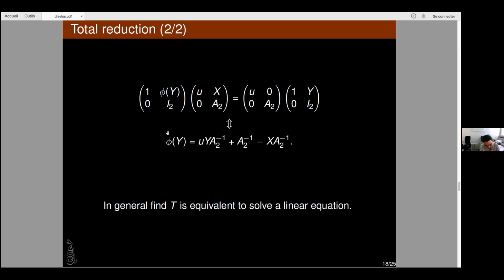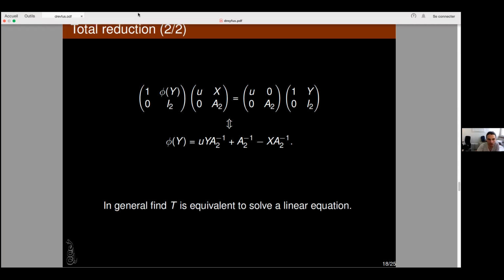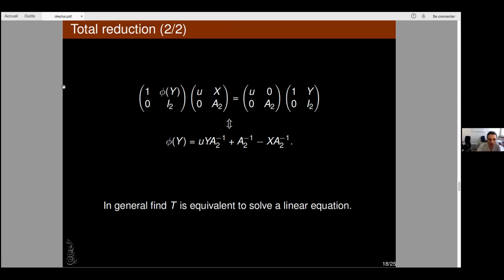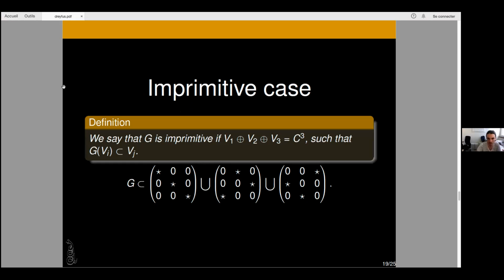And the first one is to say that you are able to solve in the ground field equations having coefficients in K. Okay, so I don't want to go into details on the case of the reduction. Just trust me when I say that in general, it's just solving an equation. More generally, it's a little more complicated, but things work like that.